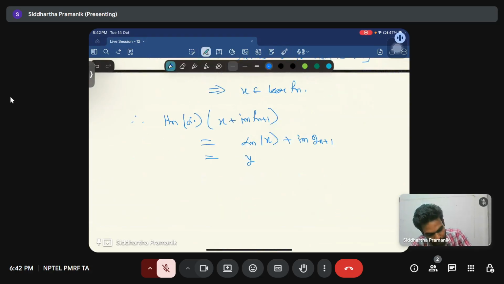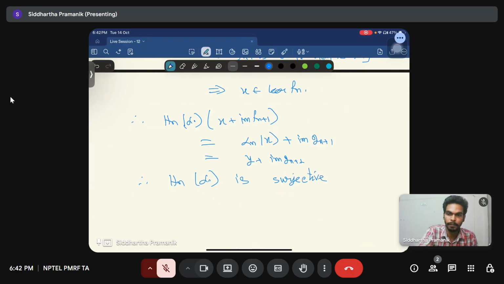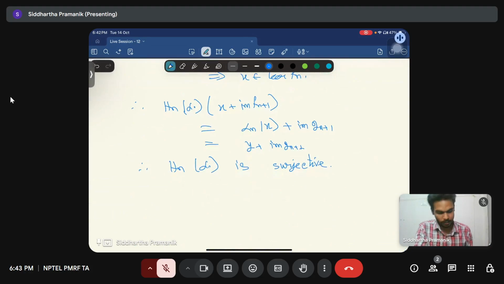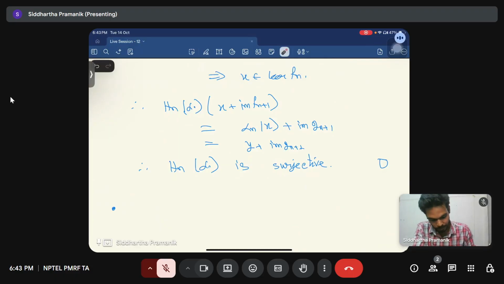So this is y plus image of g_{n+1}. So it is surjective. So this is just diagram chasing, nothing complicated. So H_n is an isomorphism. This completes the proof. So alpha is iso will imply H of alpha is also iso, but this converse need not be true. Let's see an example.